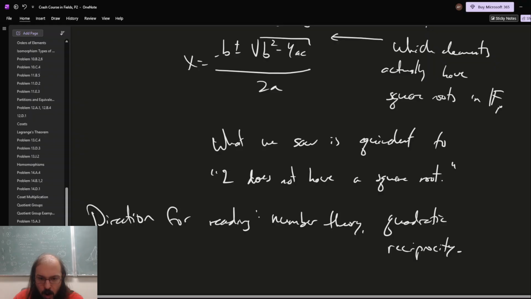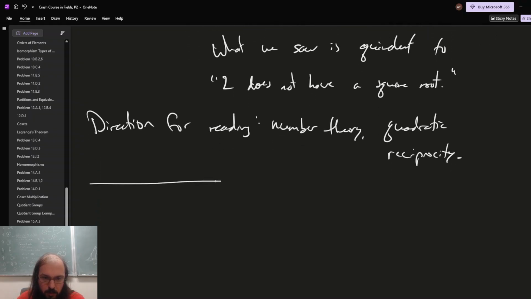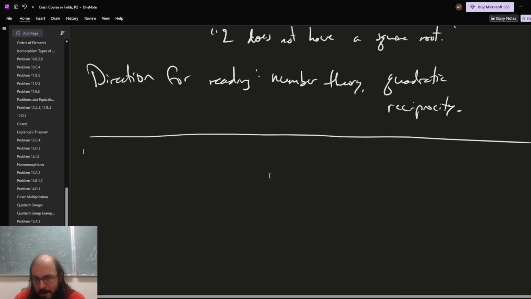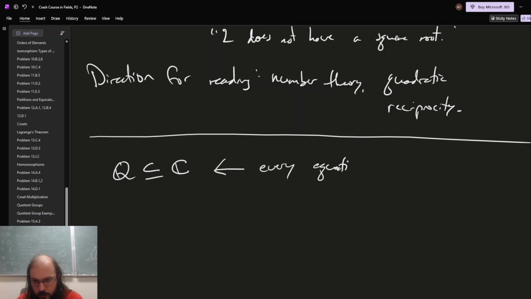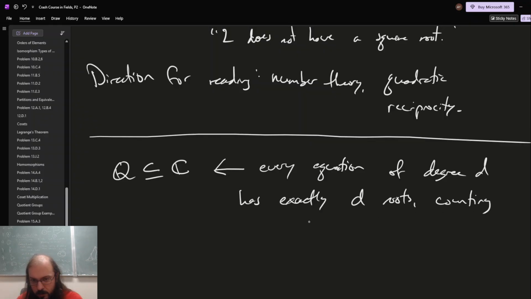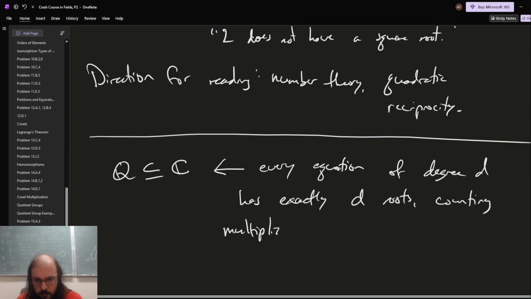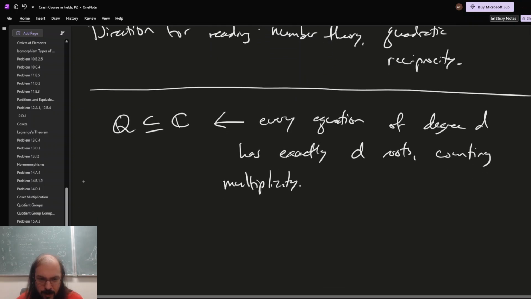One more point about all of this is that even though this failure is possible, and it can be messy, with different degrees of failure depending on the issue, Q sits inside a big field C, and C has the property that every equation of degree D has exactly D roots counting multiplicity. This is the famous fundamental theorem of algebra.